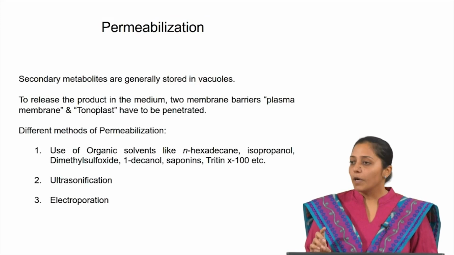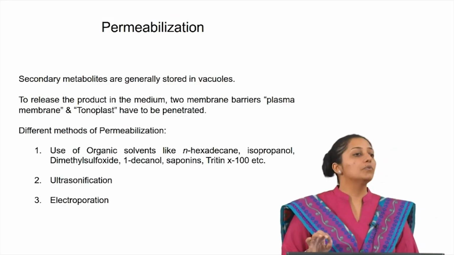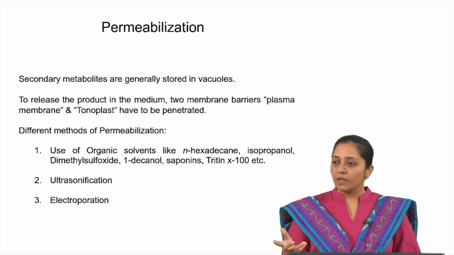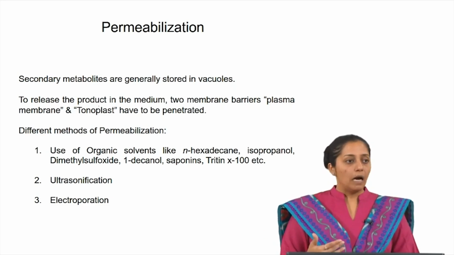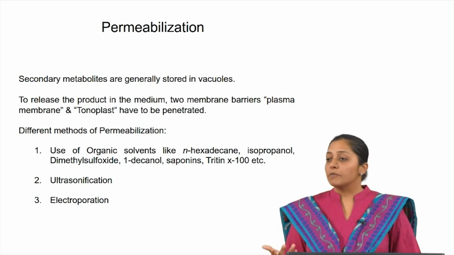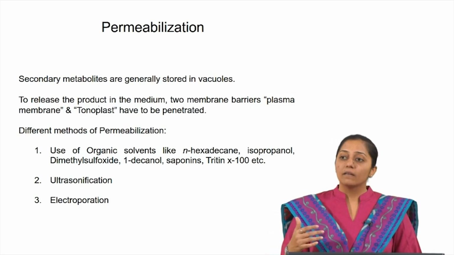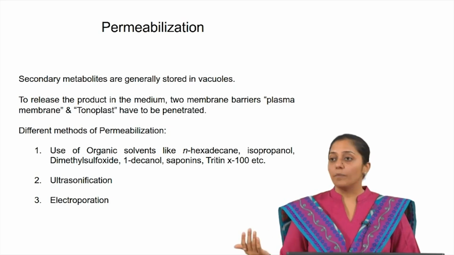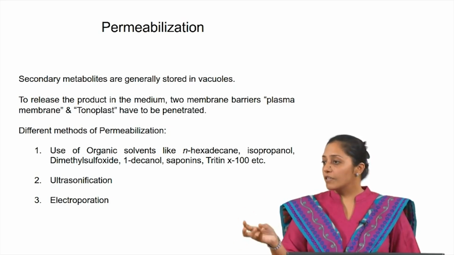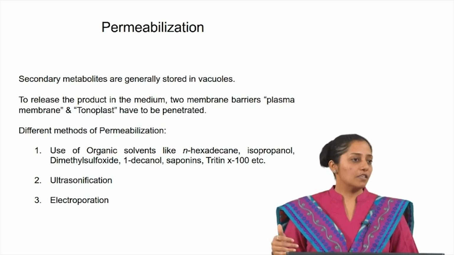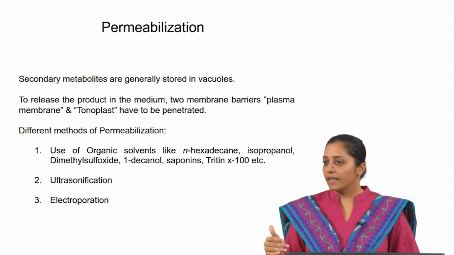So what kind of permeability enhancer? This is what we utilize under in vitro conditions in order to improve mass transfer. Generally for the uptake of nutrients, sometimes you would like to drive the product formation reaction forward by use of resins and these cell permeability enhancers, so as to bring the product out from the cell and lower the intracellular concentrations of the product inside.